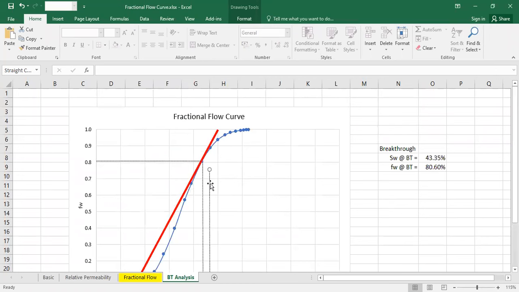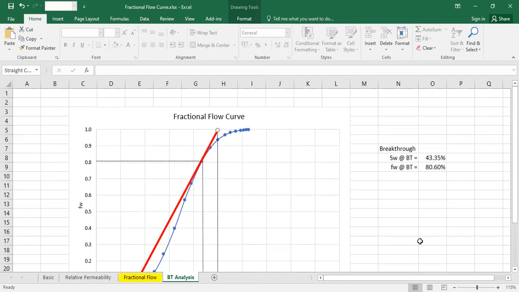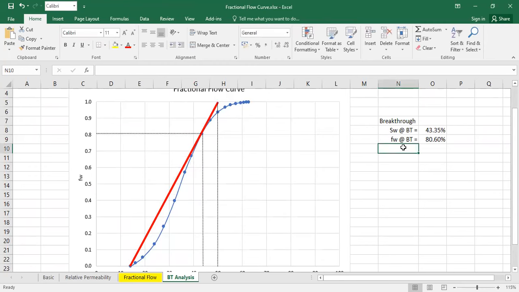The next one is the average water saturation at breakthrough behind the waterfront. It's SW average at breakthrough. SW average is the average water saturation in the reservoir behind the waterfront.